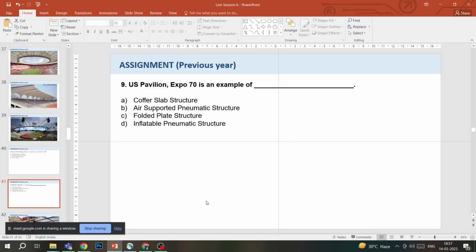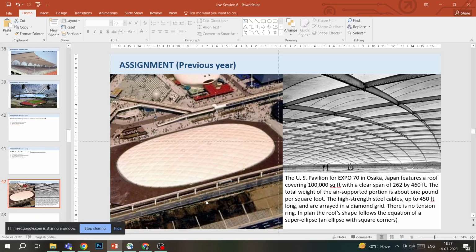So we will cover how these two types of pneumatic structures, air supported and inflatable, are different from each other. We will talk about coffer slab structure, and we will very briefly talk about folded plate structure because we have literally covered it in 4 or 5 questions now. And we will also see how the US Pavilion at Expo 70 looks.